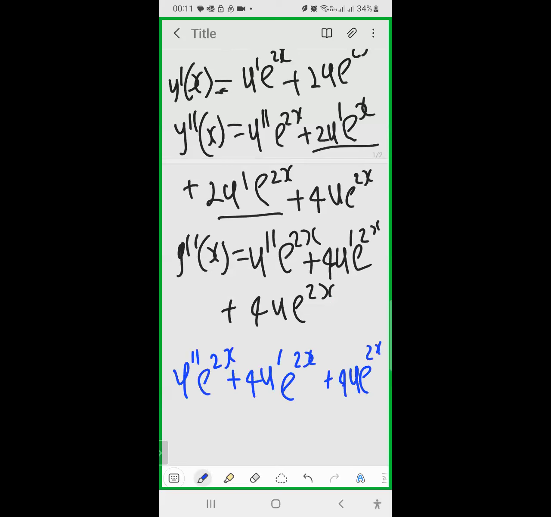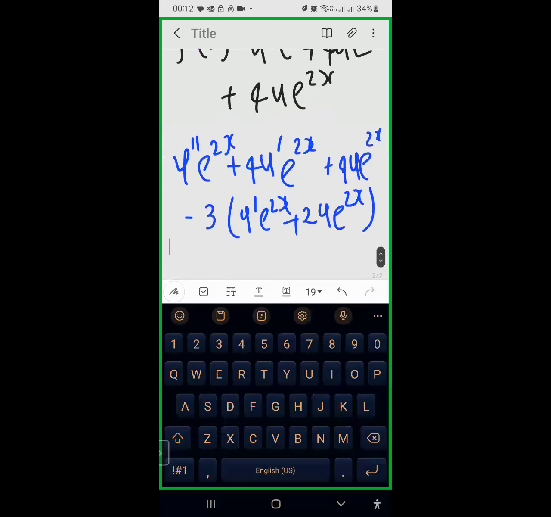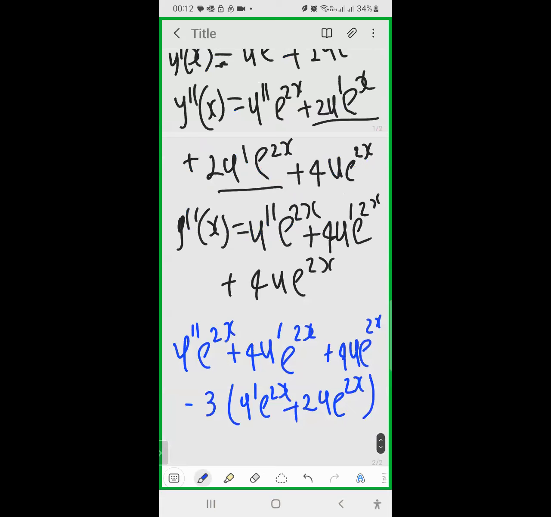Then this is minus 3 multiplied by y prime, which is u prime e to the power 2x plus 2u e to the power 2x. And then this is going to be plus 2y, which is u e to the power 2x.